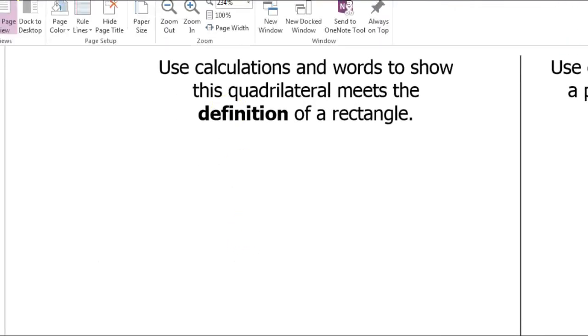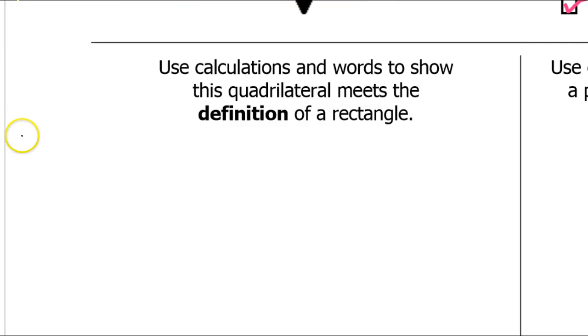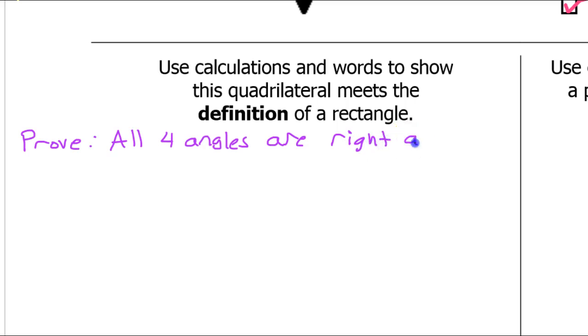Our goal is to prove all 4 angles are right angles. All right, that's what we need to prove.